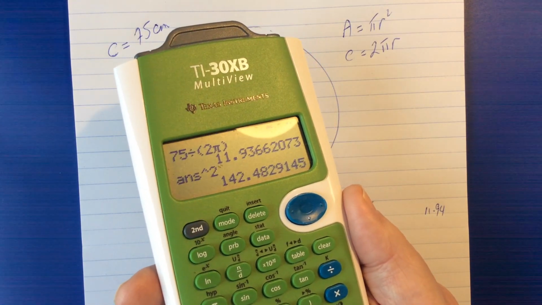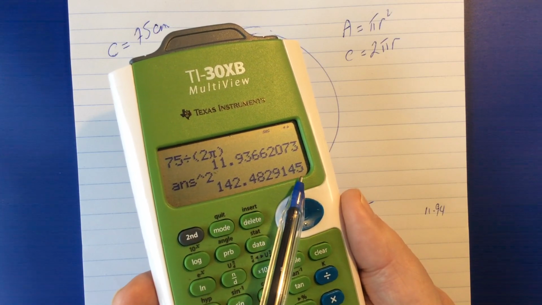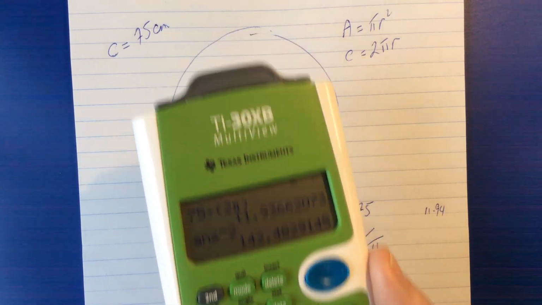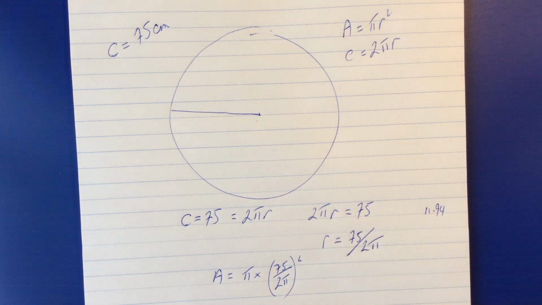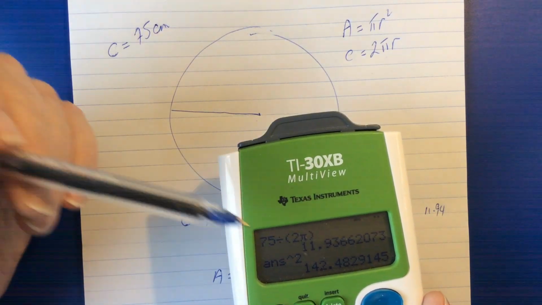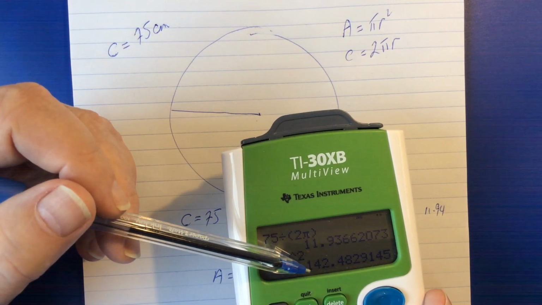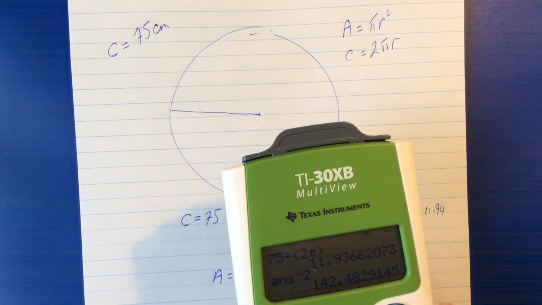142.48 and some change. Again, I'm just going to continue working on the calculator with this number, but we could call that very, very close to 142, or if we're still working with our approximation of this, we could say that if we approximate this to 12, we could approximate this to 144.